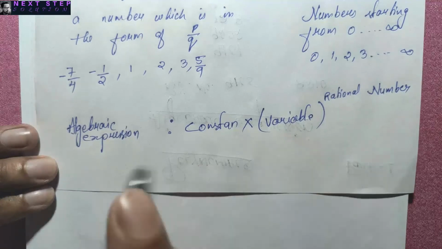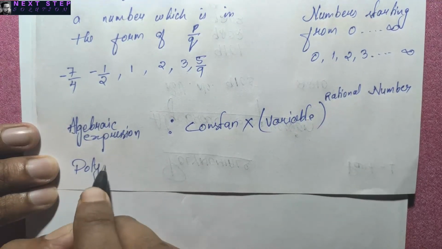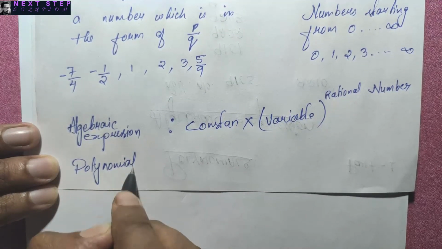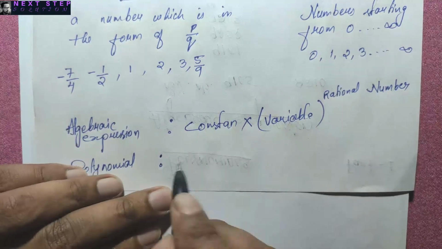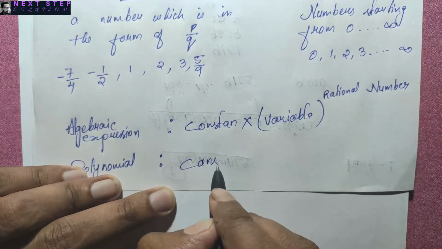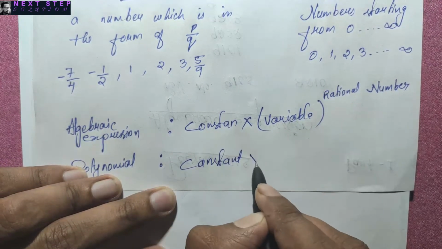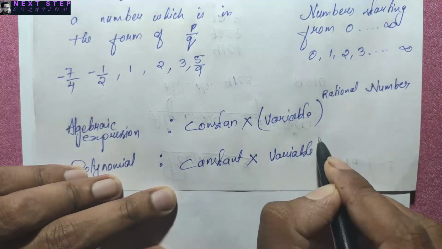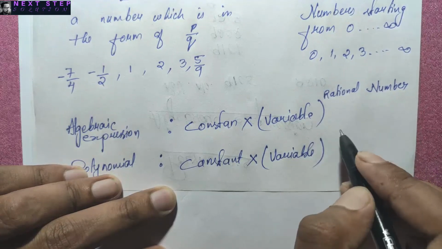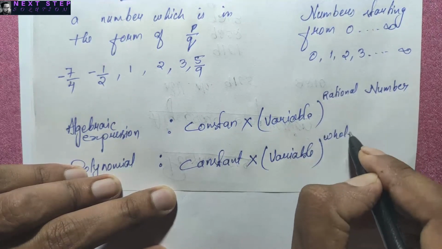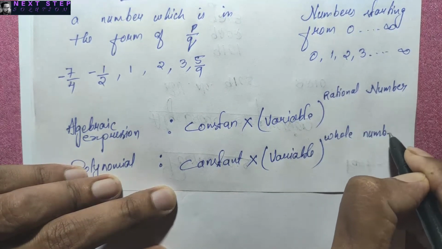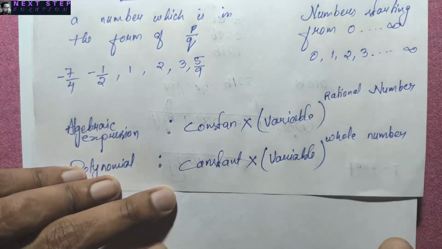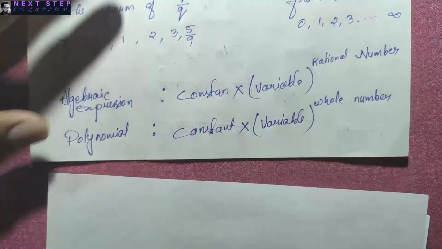And a polynomial is also an algebraic expression, but it will have a constant, means a number, multiplied with a variable, and this variable should have a power that is a whole number. Now let us form an algebraic expression and a polynomial.